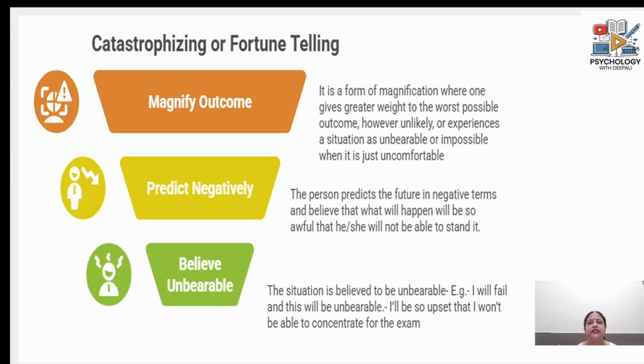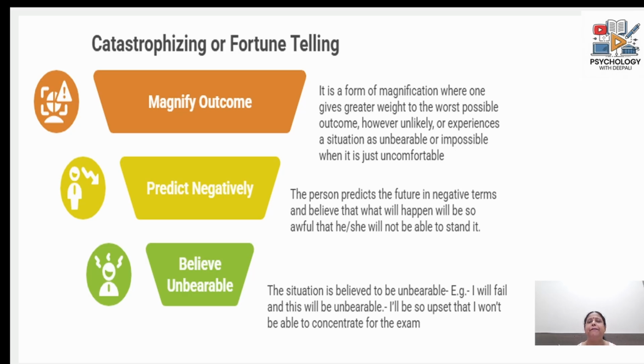Next is catastrophizing or fortune telling. Here, it is a kind of magnification where we give greater weightage to the worst possible outcome, which means even if the outcome is not very likely, we feel that only that outcome will occur, or we will experience a situation as unbearable or impossible when it is just uncomfortable.